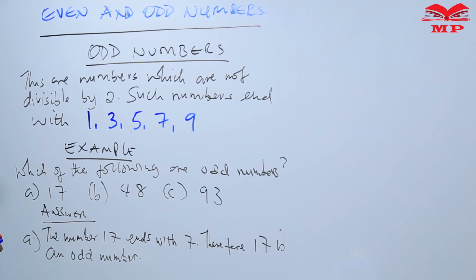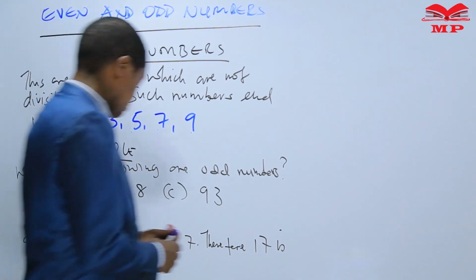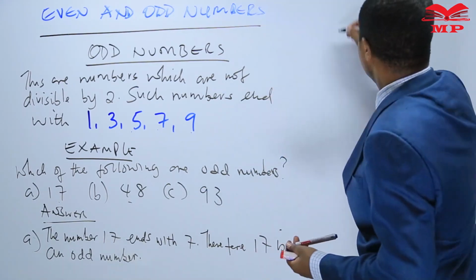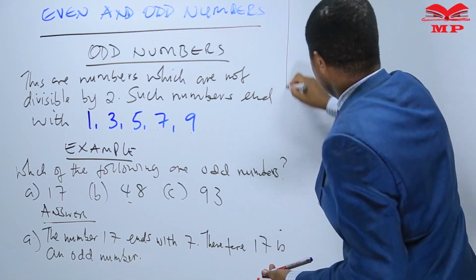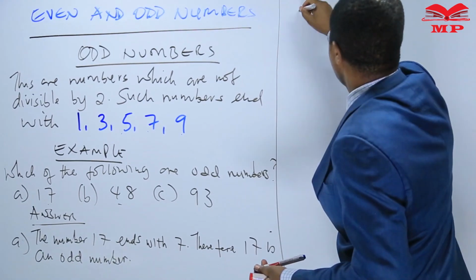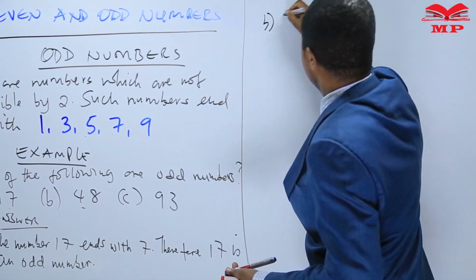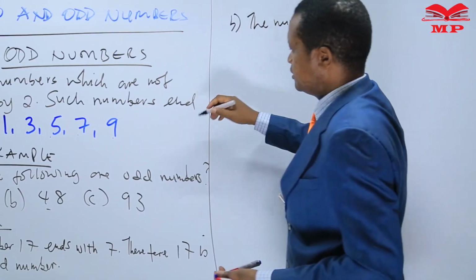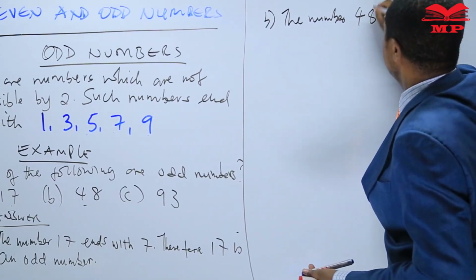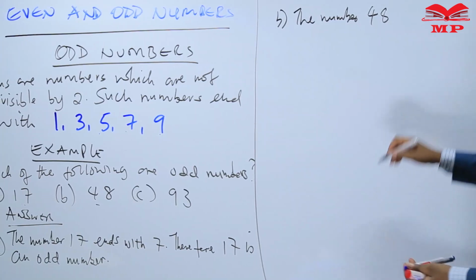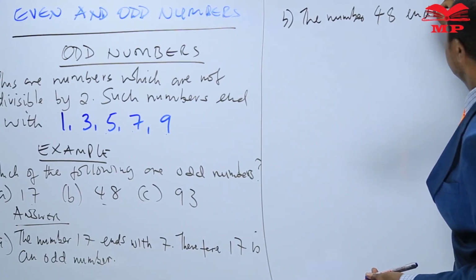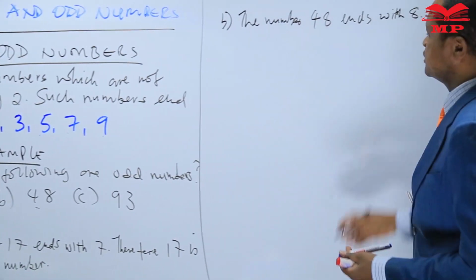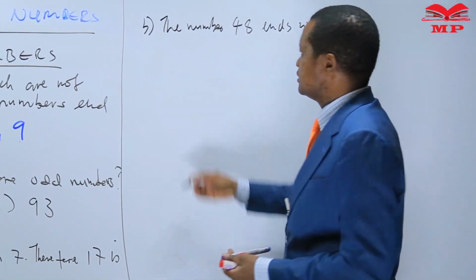Okay. The second one, B. The number 48 ends with 8.